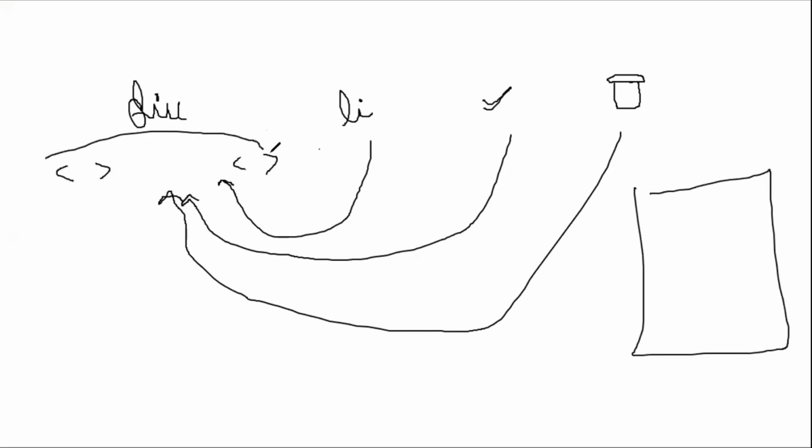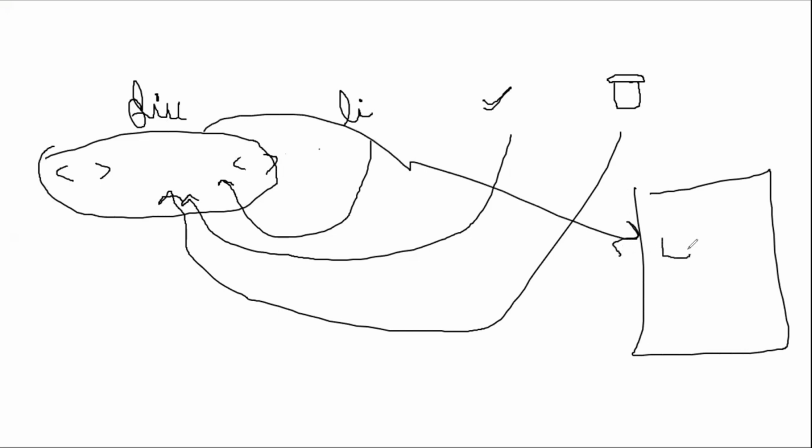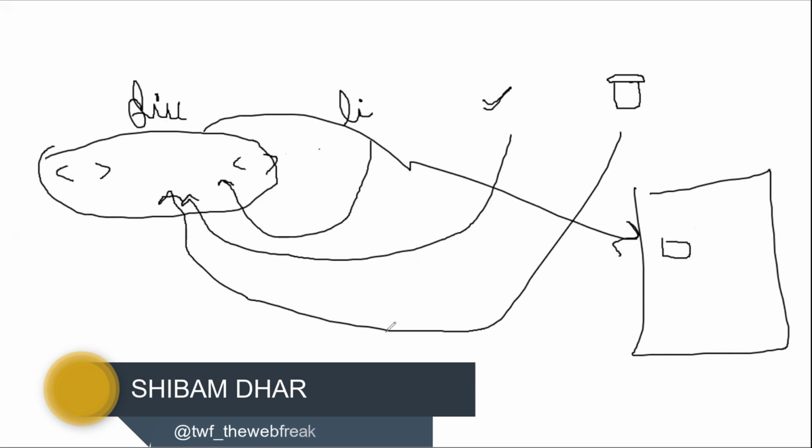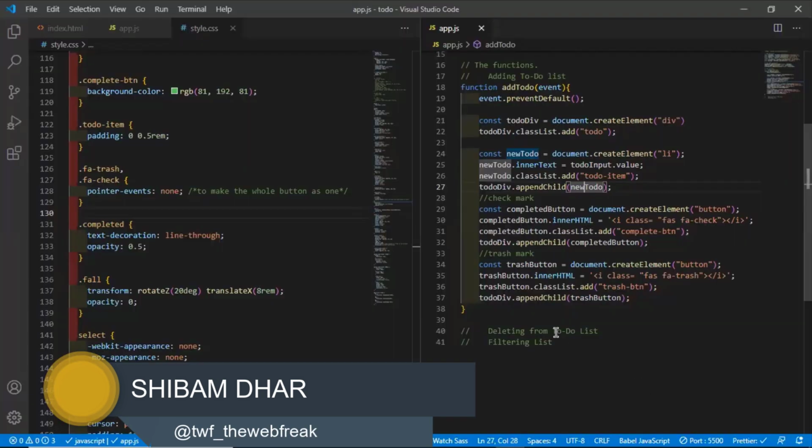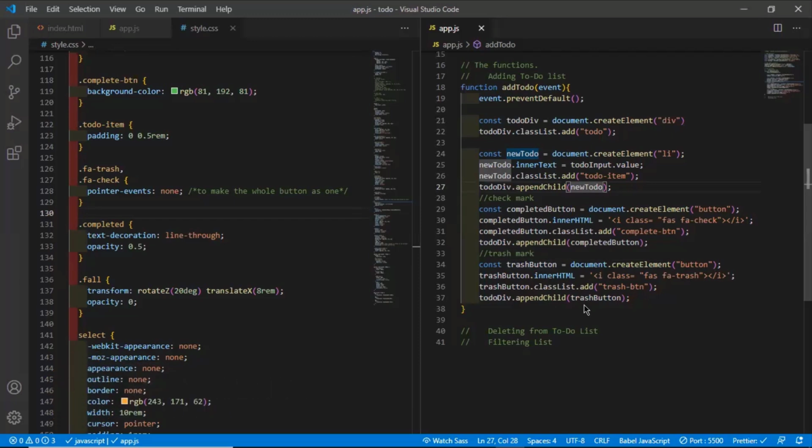To do all those things, we need to append it again inside this. Let me show you my code screen. Yeah, so here, after all of this, we just need to add a few things, like to add the to-do list.